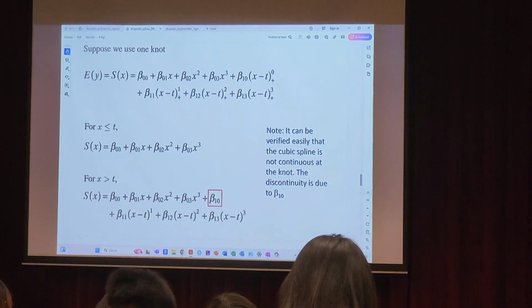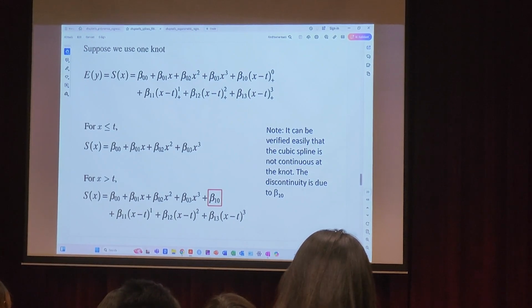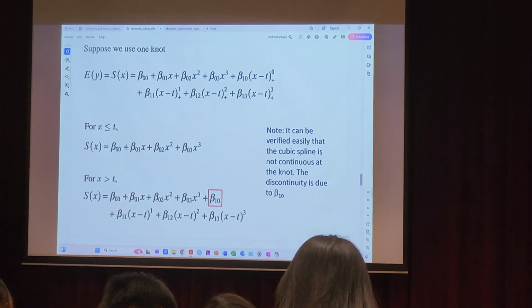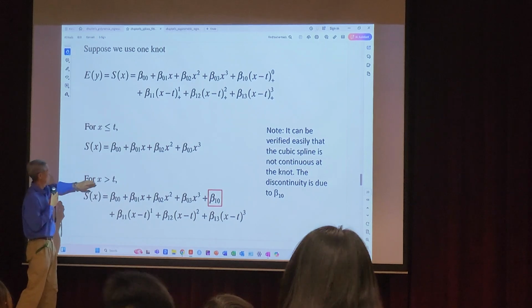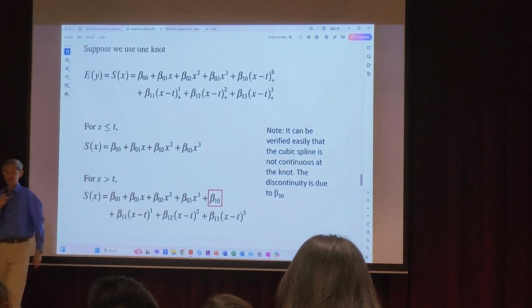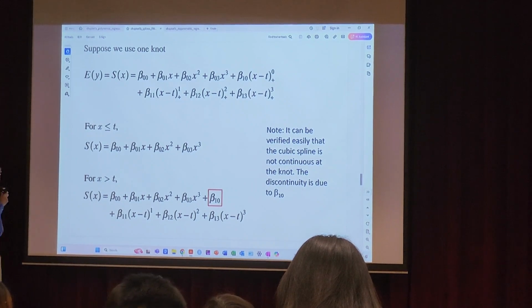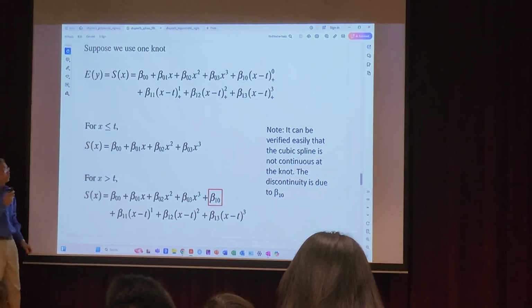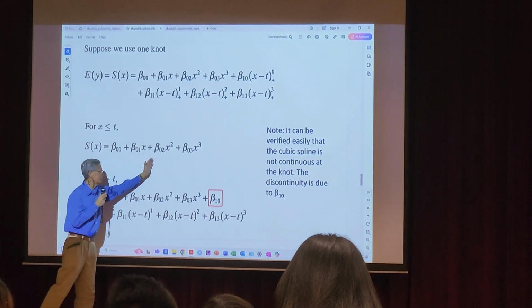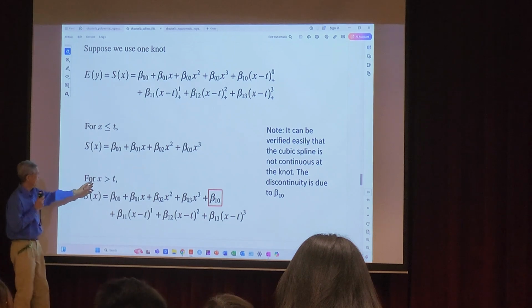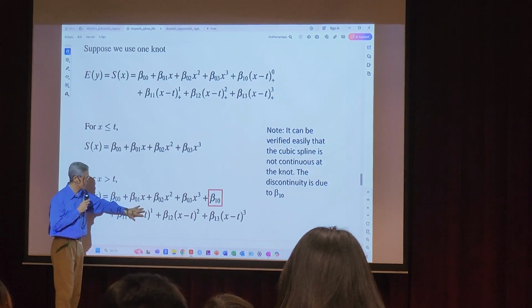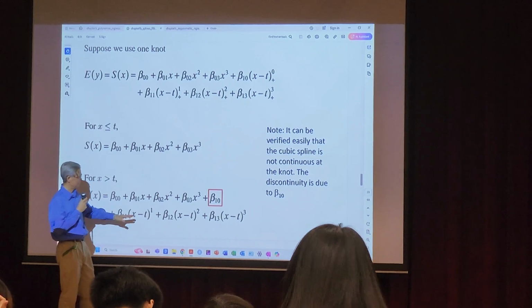Well, it may not be clear from the single multiple linear regression model. So let's write out the 2 models in the 2 segments, and then it becomes very clear. For x less than t, all those terms involving plus sign will be 0. So we have our base model here. Now for x greater than t, this plus sign says that this has to be x minus t, not 0 anymore.